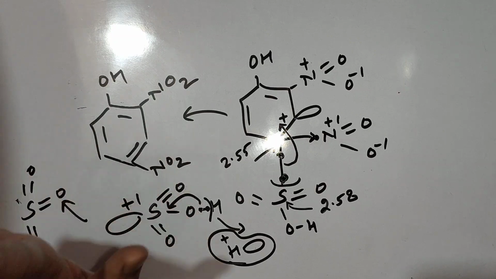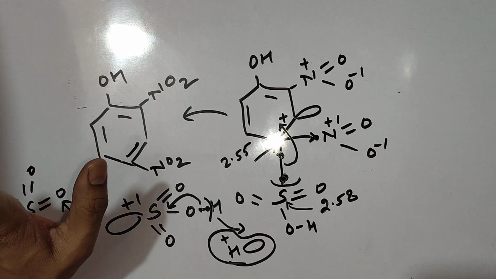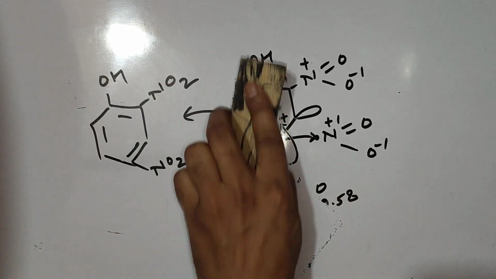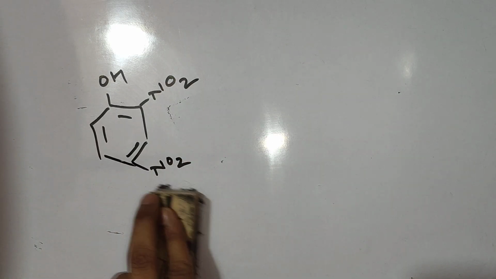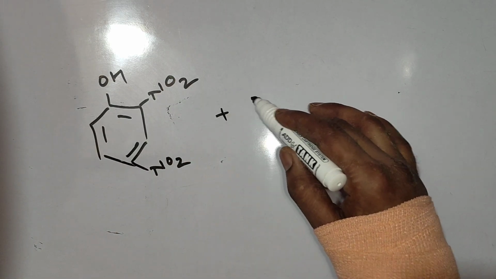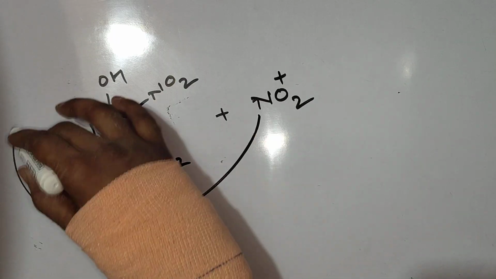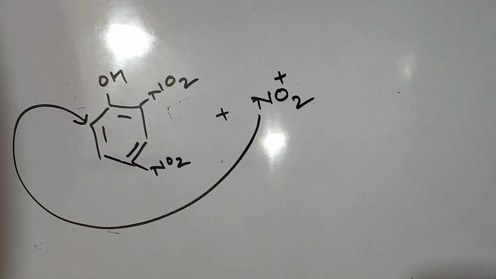And you can check after release of these particles what we are getting. Two times nitration is already done. Now the third time here. So the molecule which is generated here will react a third time with the nitronium ion here. Mechanism already discussed, please check.